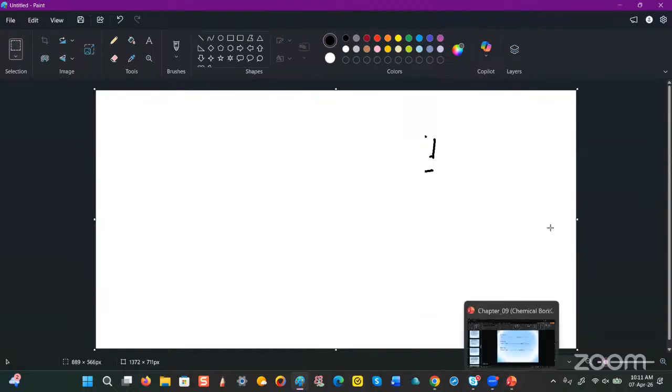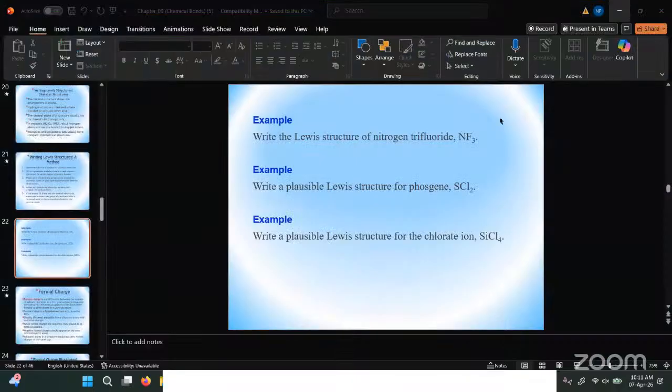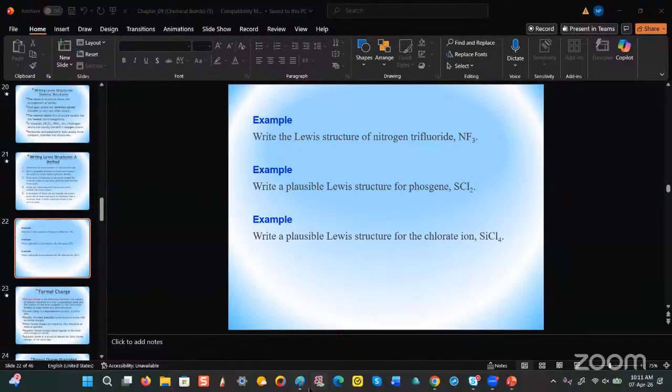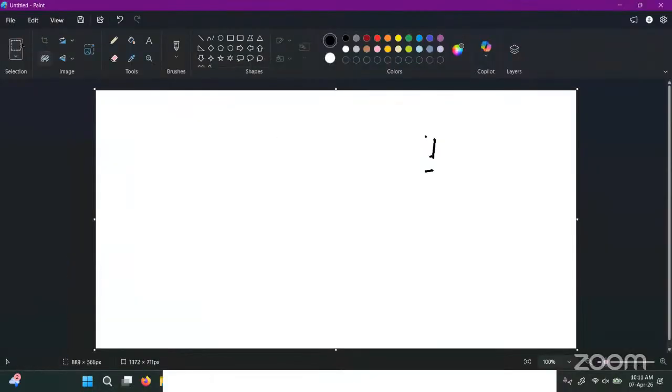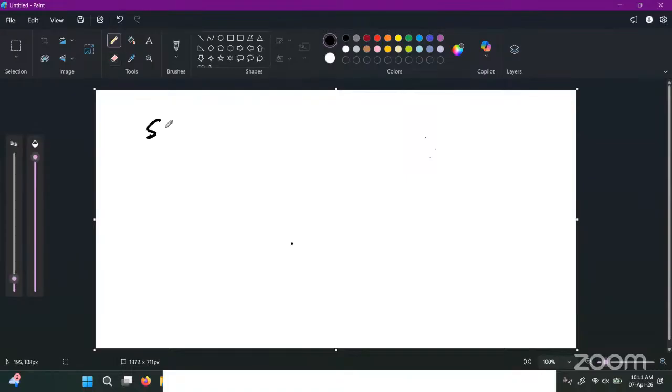Next example is sulfur dichloride, SCl2. So based on what we said before, we go to the periodic table and we look up the group numbers for each element.